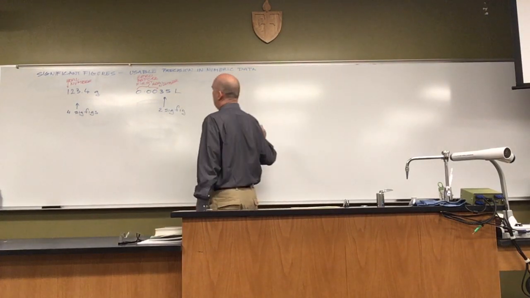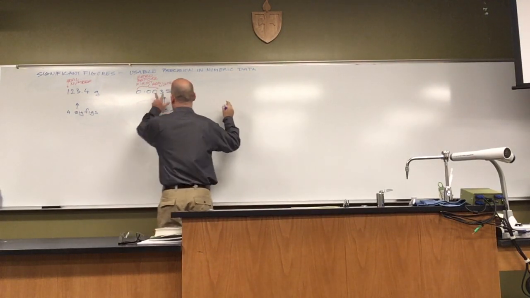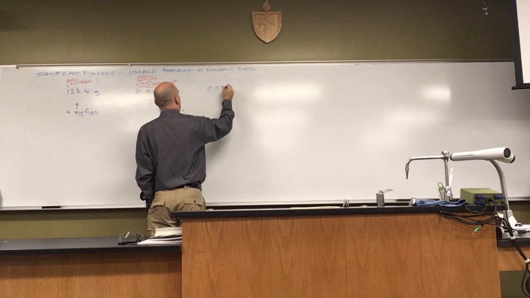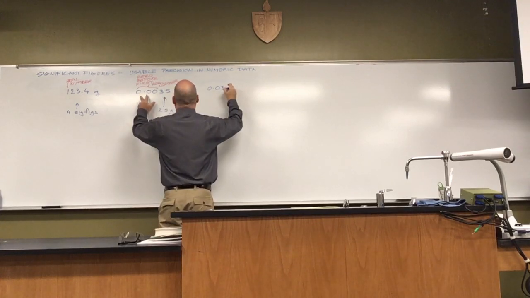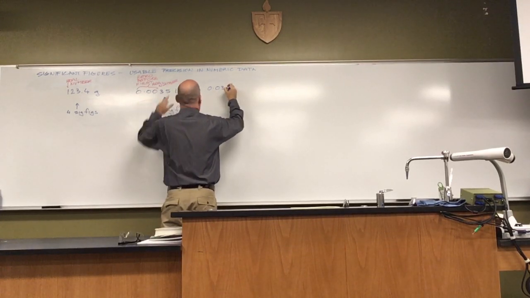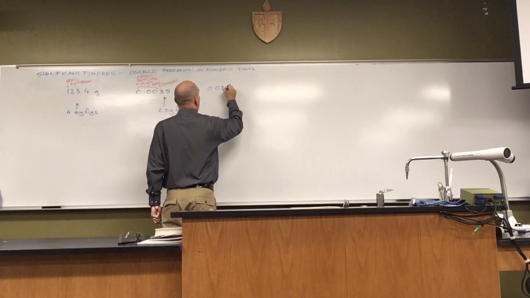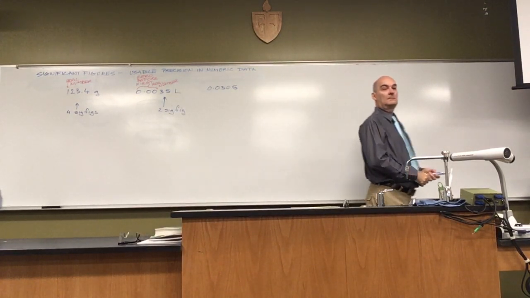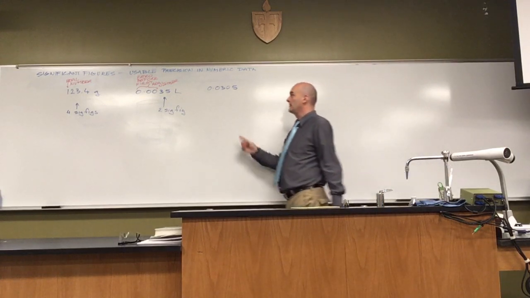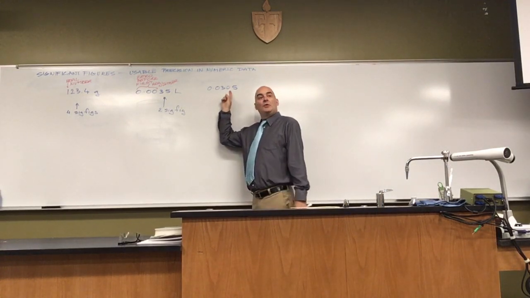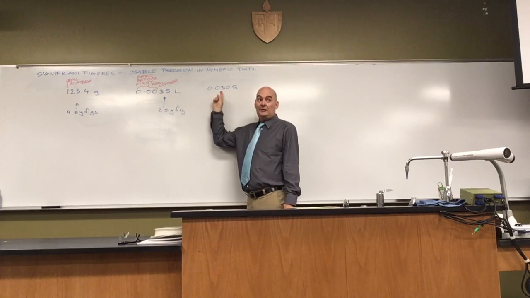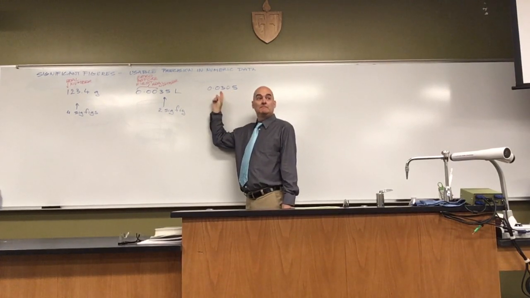If I did something like this and switched it up a bit and said 0.030, what have I got? 1, 2, 3, 4, 5. That 0 is in a different place. That is a 0 that is after the first real number.